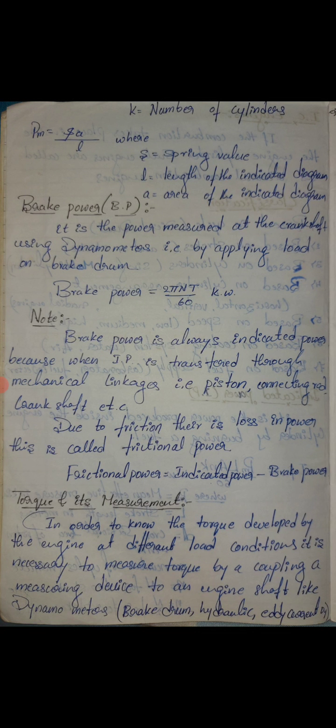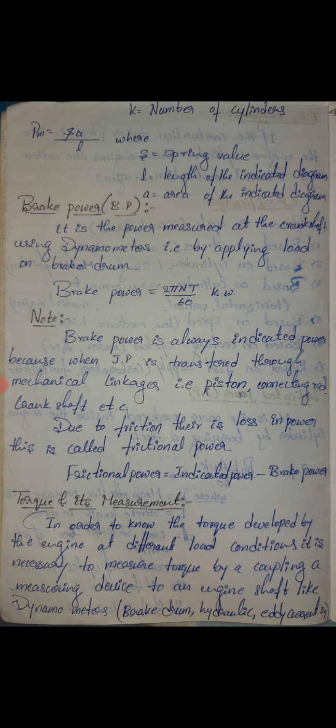First you start the engine without load, and you go on adding the load. Usually the load we apply will be in kgs, but we require it in newtons to convert into kilowatts. If you multiply it by 9.81, you will get newtons.